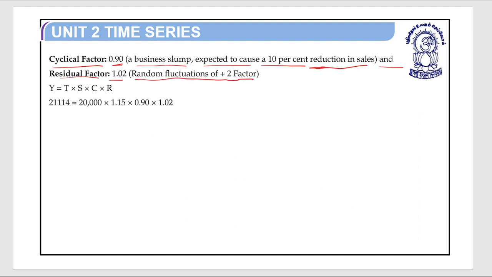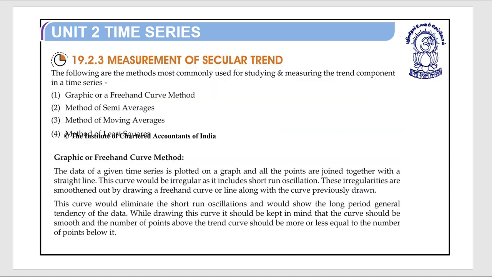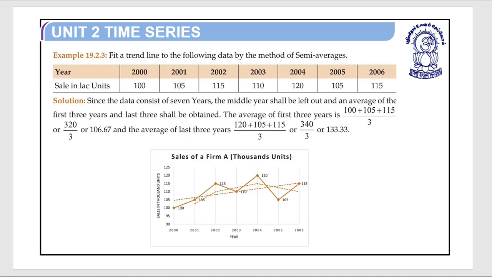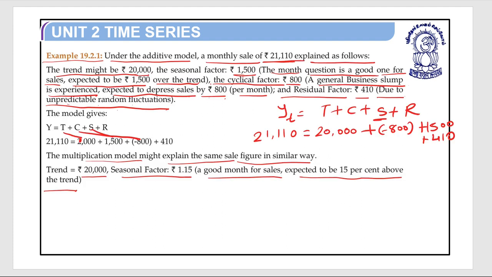Y is equal to T into S into C into R, which is 20,000 into 1.15 into 0.90 into 1.02, giving 21,114.